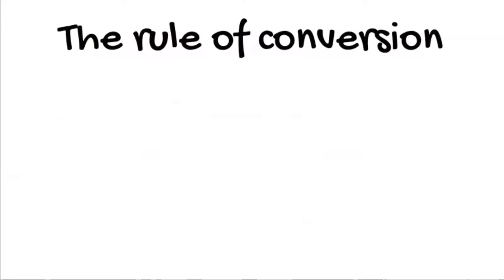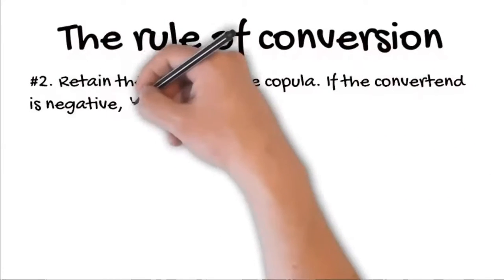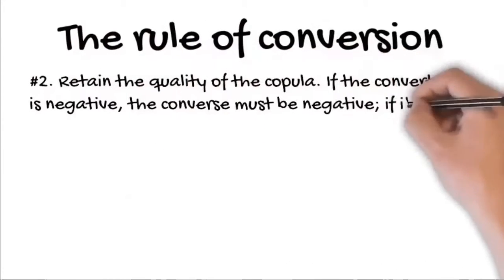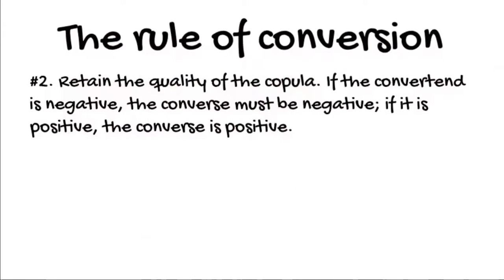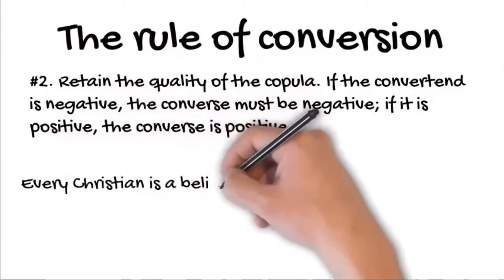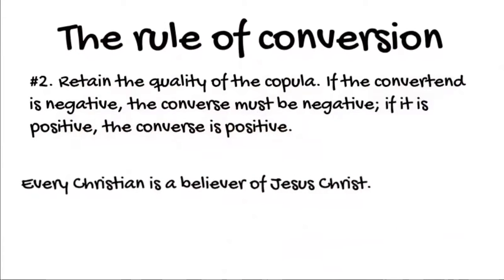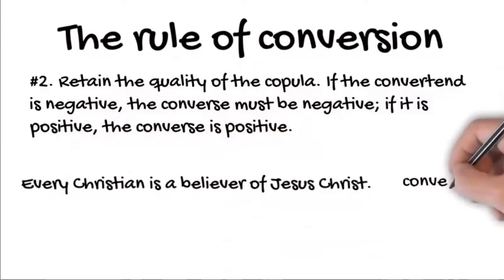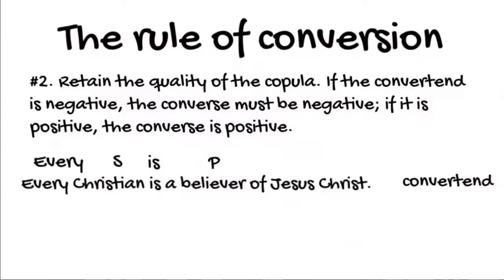Rule number 2, retain the quality of the copula. If the converted is negative, the converse must be negative. If it is positive, the converse is positive. For example, every Christian is a believer of Jesus Christ. This proposition is an affirmative or positive proposition.